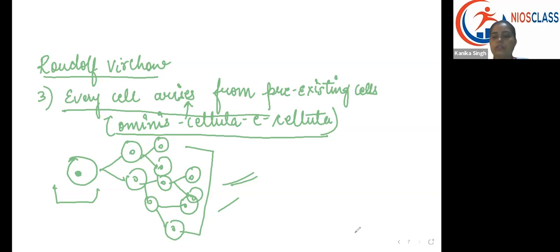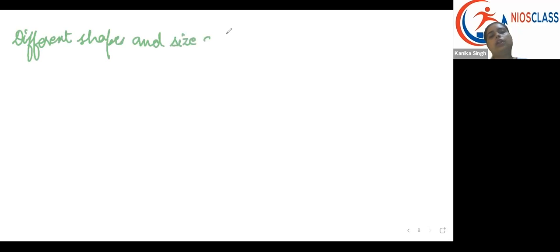Now we'll move further in this chapter, and we are going to start with the topic of different shapes and size of cells.